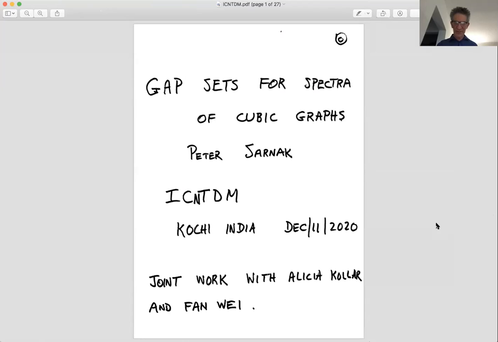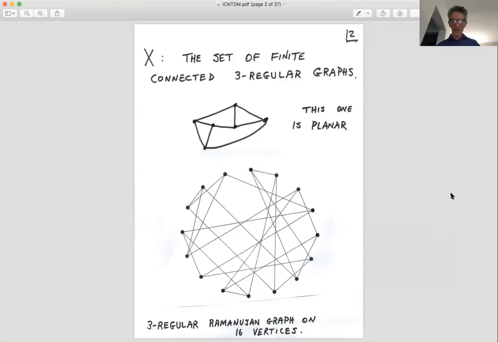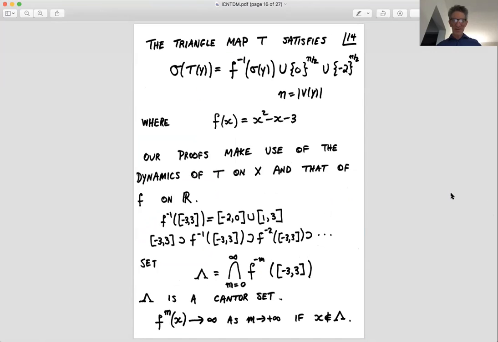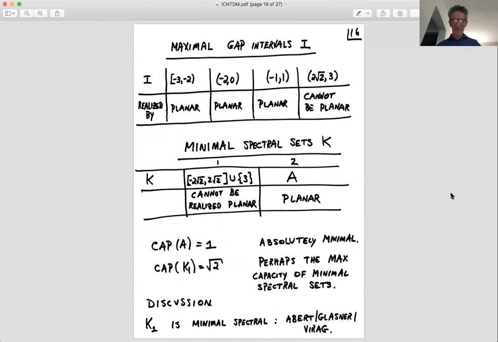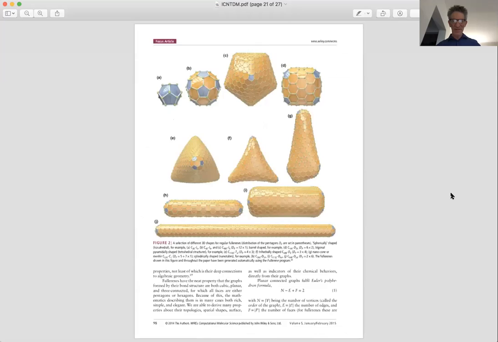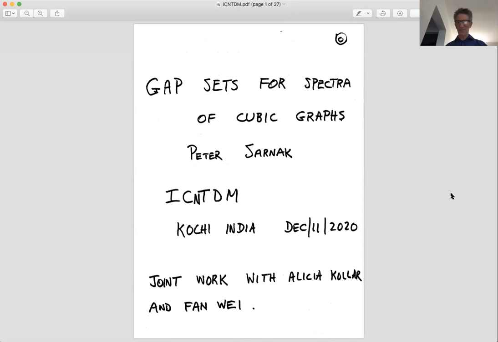Then I'll just leave it like that. Let me make sure that I have all the pages. Okay, so I'm here. I'm ready when you tell me to start. Okay. Thank you.